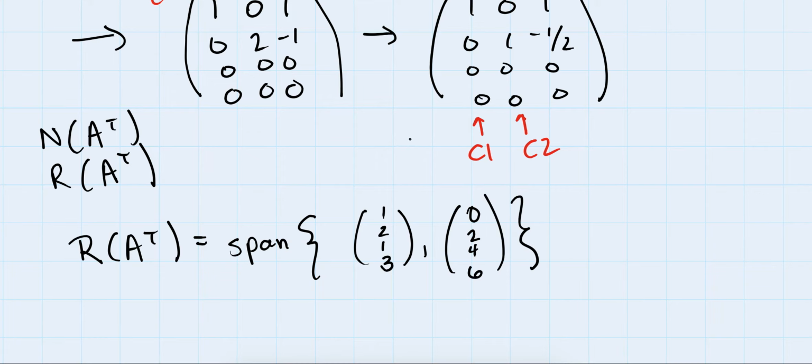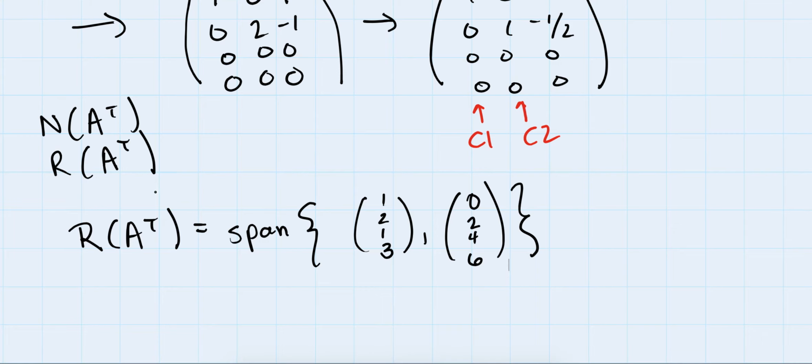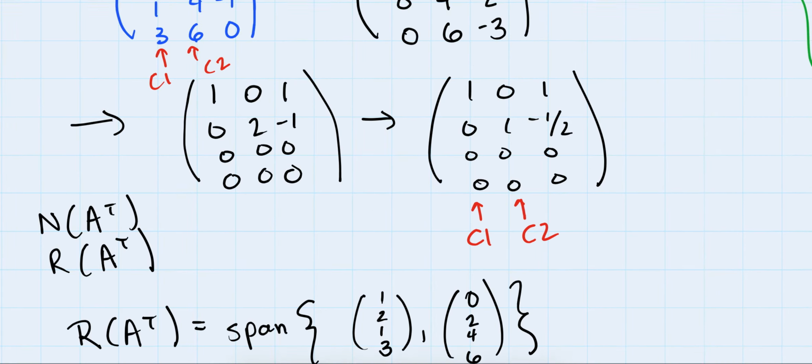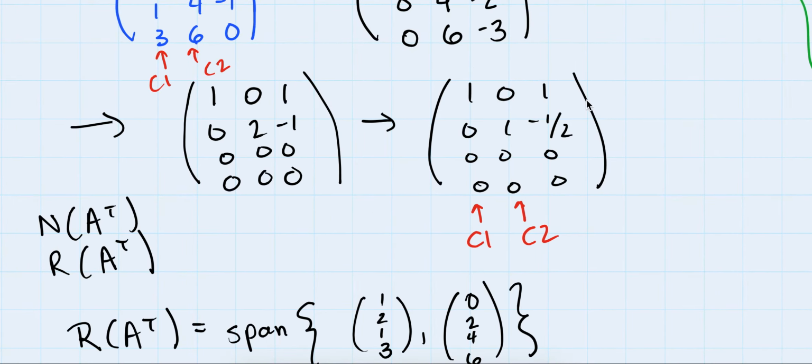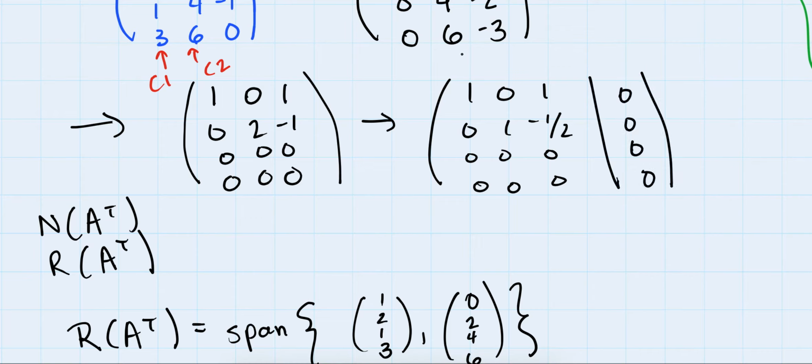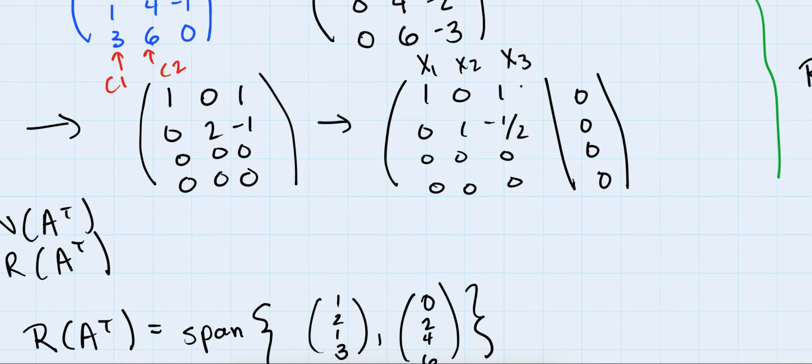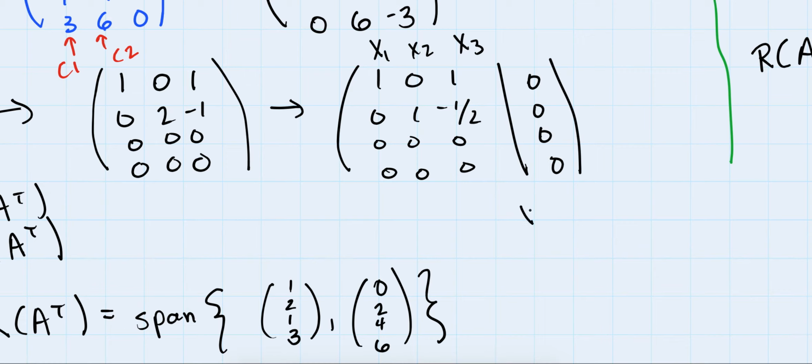Okay, now let's figure out what the null space is. Again, what we can do to figure out the null space is make this an augmented matrix. So we take that reduced row echelon form, we put a big line there, put 4 zeros. Remember that this is the x1, x2, x3 spots. So we get x1 is negative x3 and x2 is 1/2 x3.